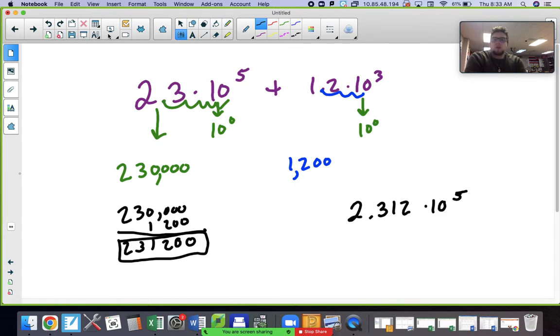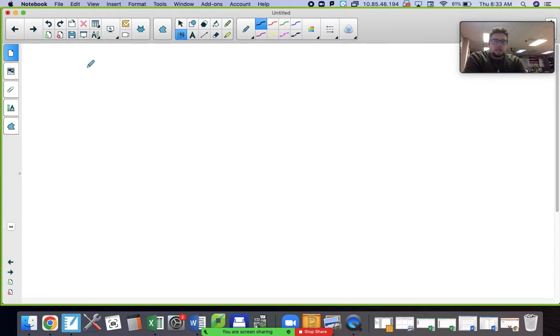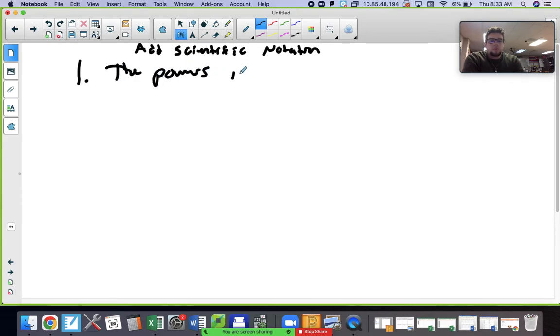So when we are looking at adding scientific notation, the first thing we have to do before we can add our scientific notation is the powers must be equal.